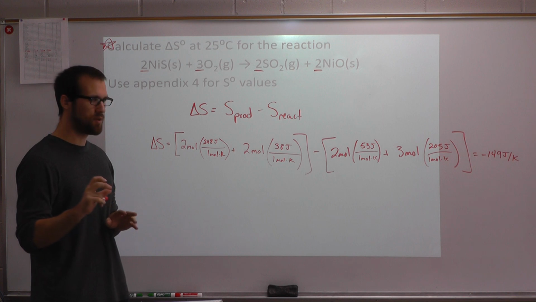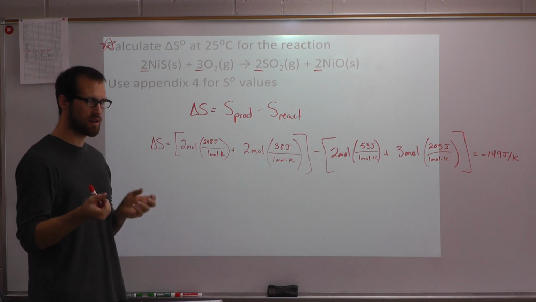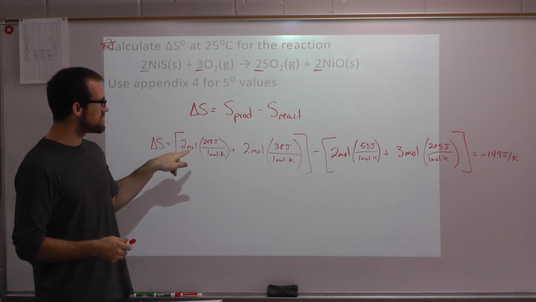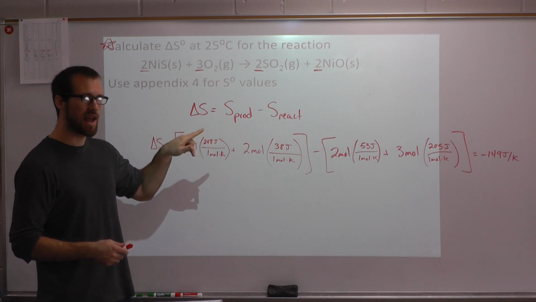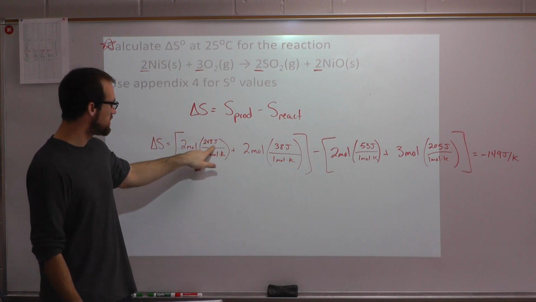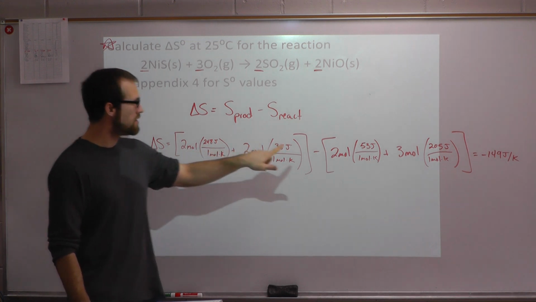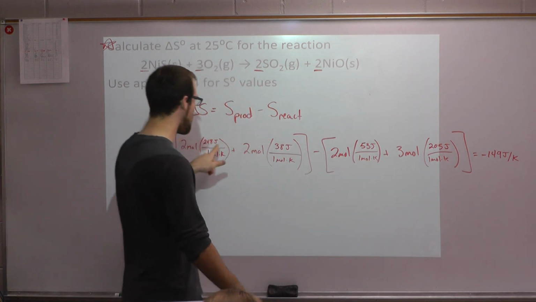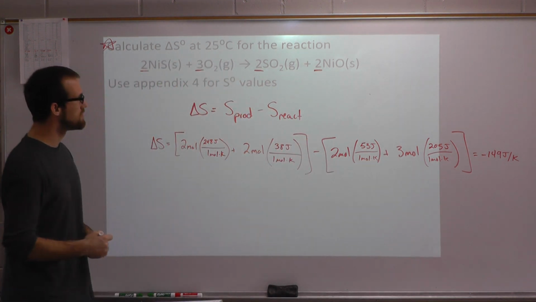I want to make a couple little quick connections here. Look at the values that have large entropies. This one has a high entropy, and this has a high entropy. Any idea why those two have high entropies?